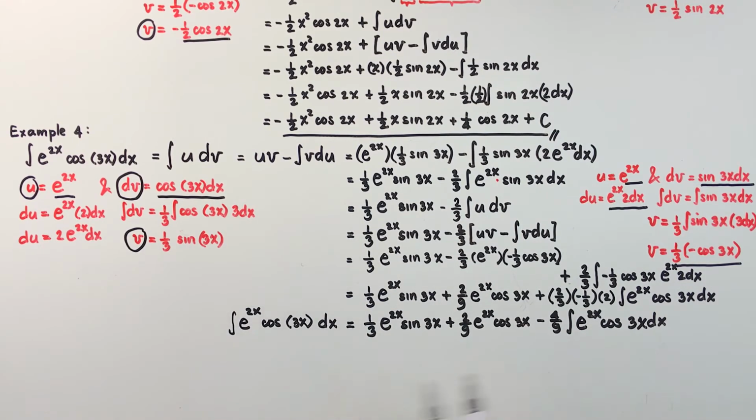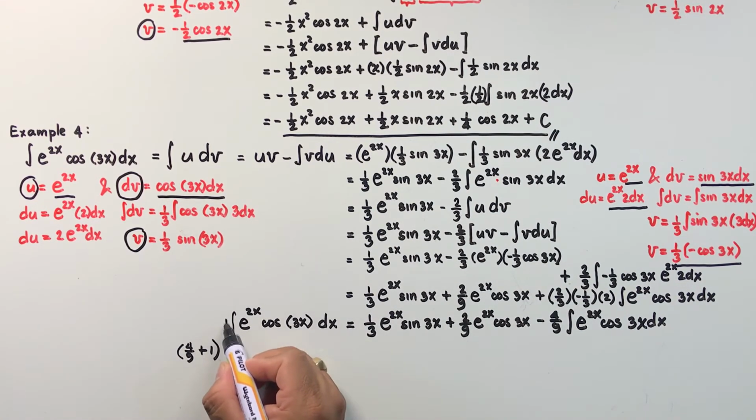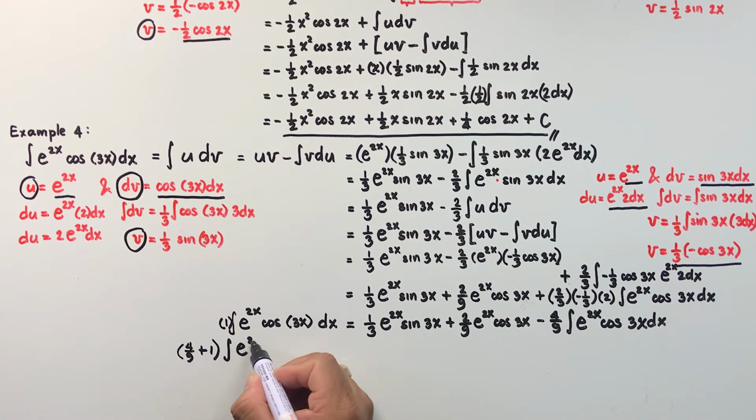So this becomes 4 over 9, so it becomes positive plus 1 because this given here is understood to have a coefficient of 1.